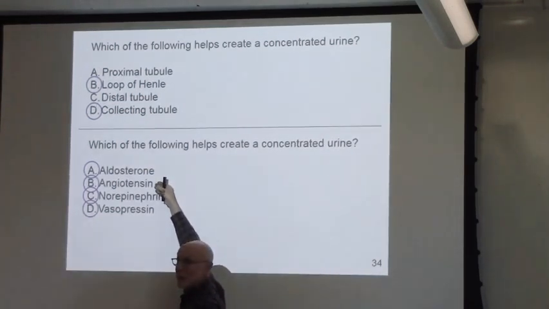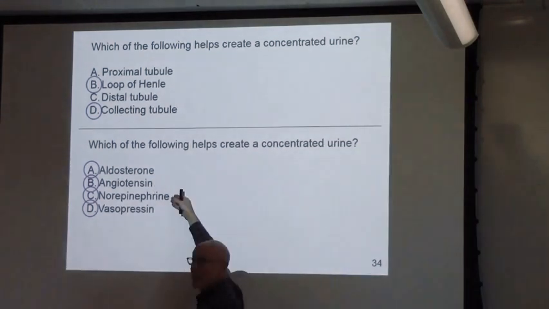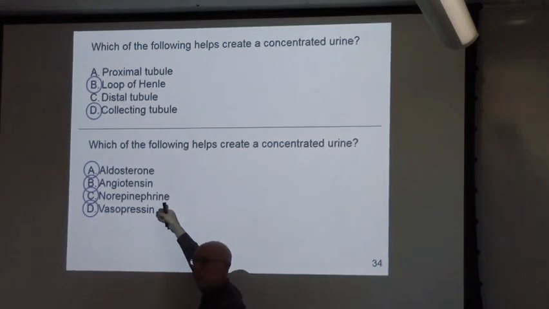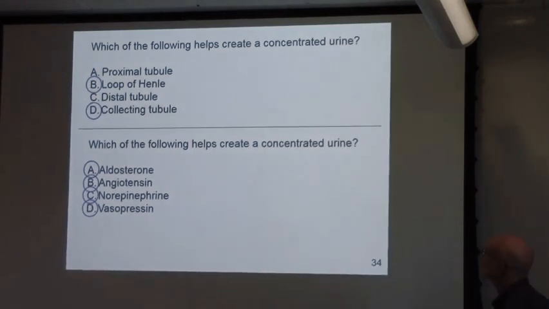Angiotensin, because it makes aldosterone, and because it constricts the afferent arteriole and decreases GFR. Norepinephrine, because it's the neurotransmitter of the sympathetic nervous system that causes constriction of the afferent arteriole. Vasopressin from the posterior pituitary, collecting tubule, that way. That's it.